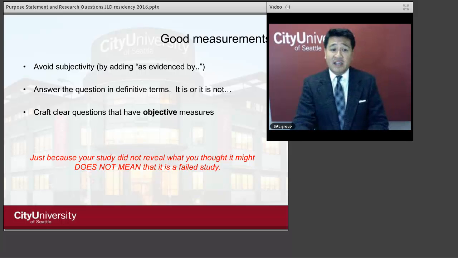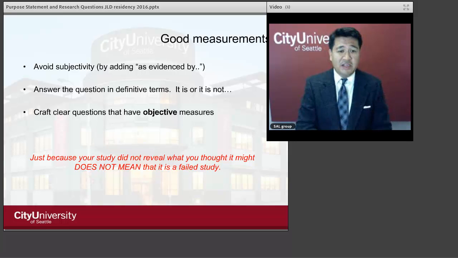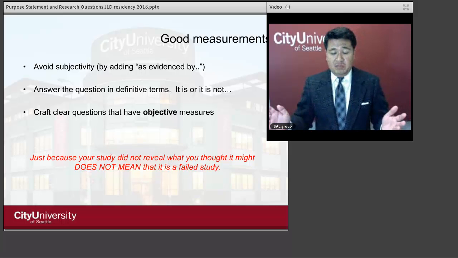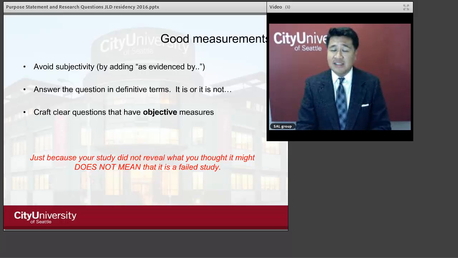Just because your study did not reveal what you thought it might does not mean it's a failed study. You can do your research, you can do your dissertation, and the data show that it didn't turn out to be what you thought. That's okay. That's not a failed study. You gain more research knowledge, and you figured out how that knowledge would apply in the field.